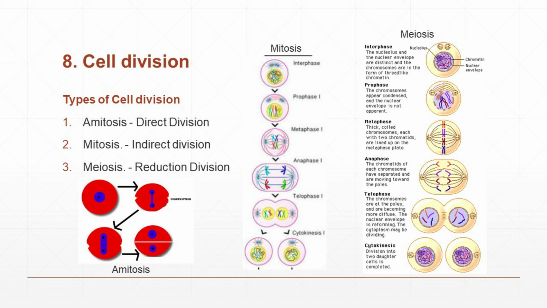Diploid is a cell or organism that has paired chromosomes, one from each parent. Human sex cells, that is egg from mother and sperm cells from father, contain a single set of chromosomes and are known as haploid.